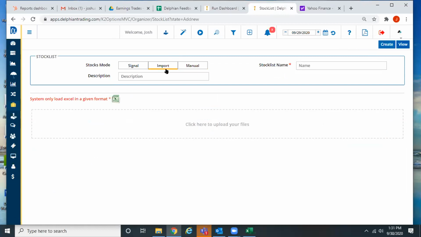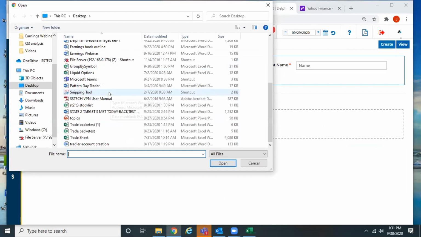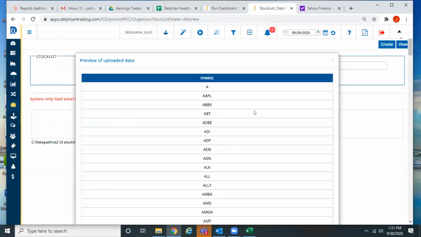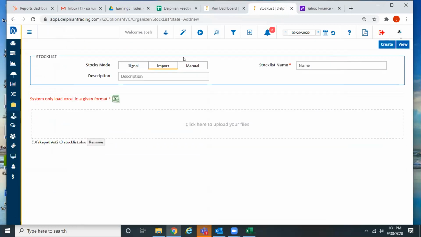Then we hit the import and we upload our file that we just created, that state 2 target 3 stock list. So that's all the symbols. We give it a name, state 2 target 3 stock list.